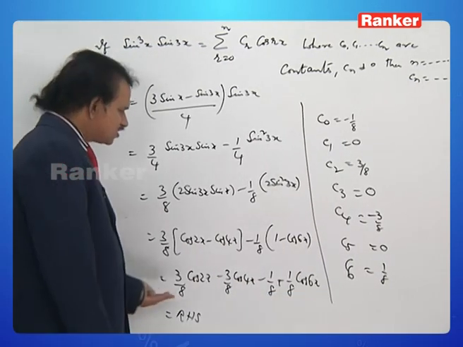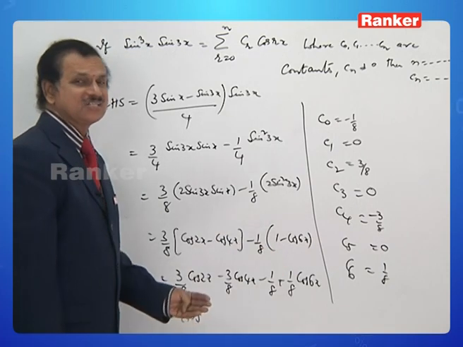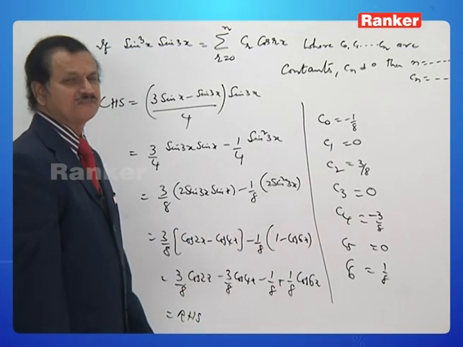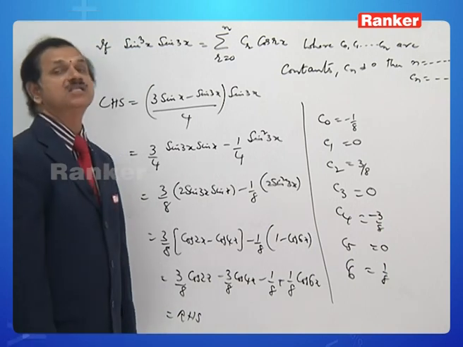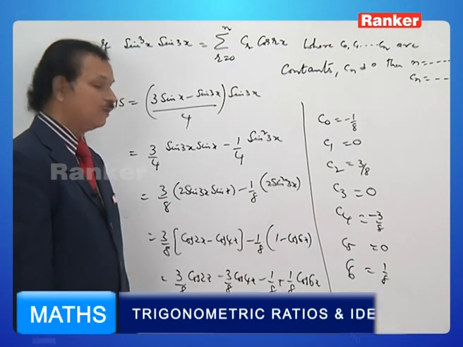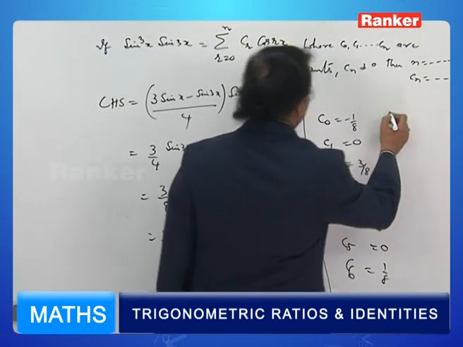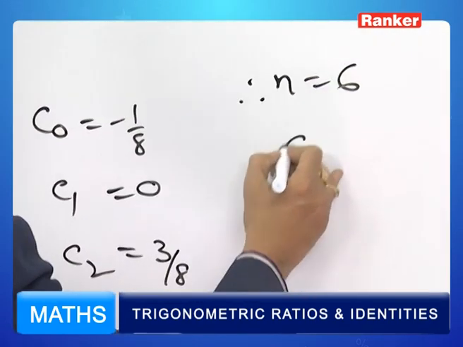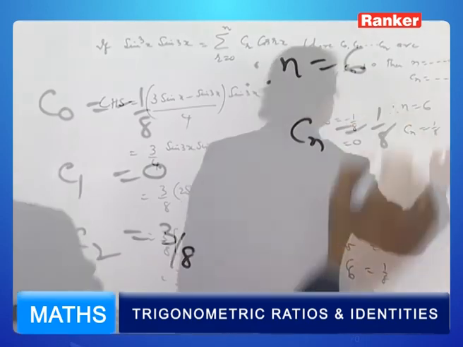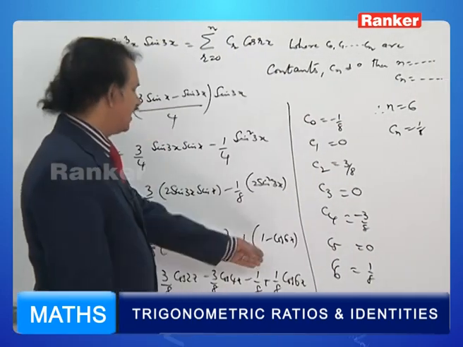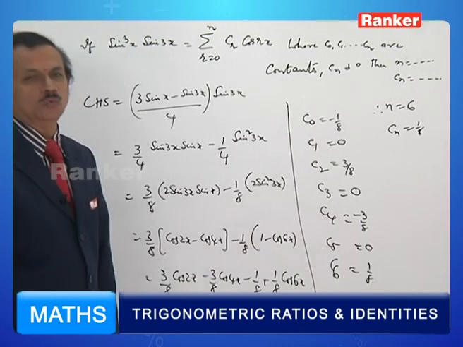So, what is the largest possible place of C0, C1, C2, etc.? Cn, and Cn is 1 by 8 and n is 6. Therefore, n is 6 and Cn is 1 by 8. Up to 6th place only you are supposed to make a move.